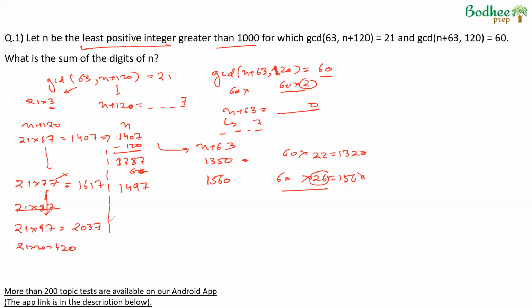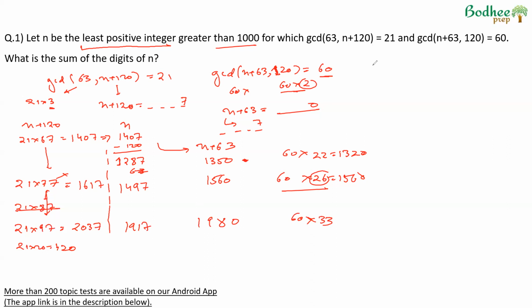2037 minus 120, therefore the value of n will be 1917, and therefore n plus 63 will be 1917 plus 63, which is 1980. 1980, if we divide by 60, we will get 33.